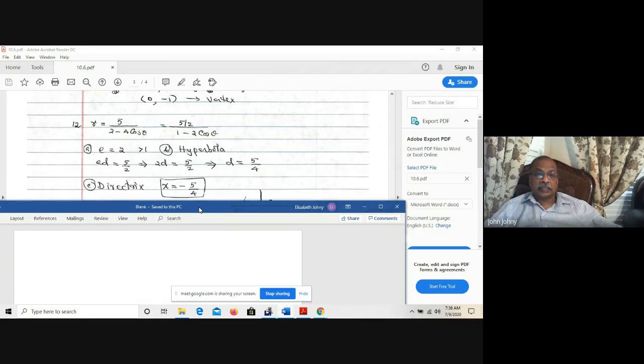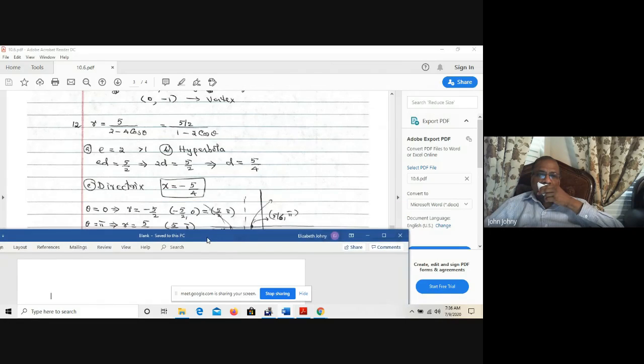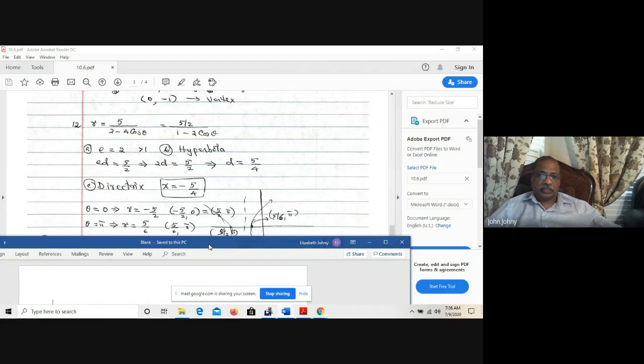Therefore, the directrix is x is equal to, because this is cos theta, and since the sign is negative, it is x is equal to negative D. So negative 5 over 4. Now you have to figure out the vertices. Since it is a cos theta, you have to set theta is equal to 0 and pi because it is on the x-axis.